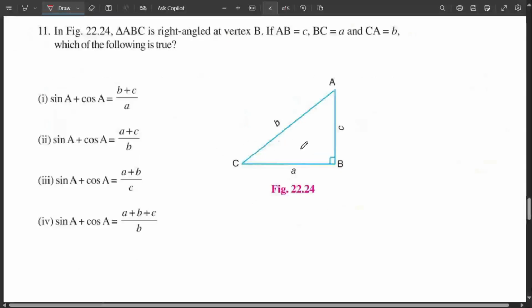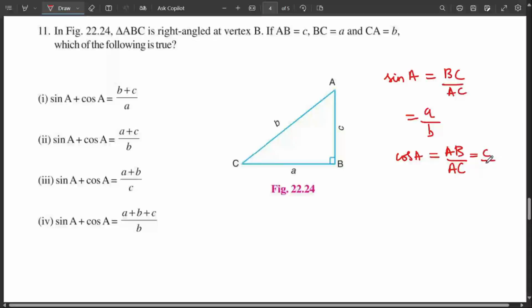So in the last question, we are supposed to find out the value of sin A plus cos A. So sin A is equal to, from the figure, the opposite side BC divided by the hypotenuse AC. So BC is equal to A, AC is equal to B. So cos A is equal to the adjacent side AB divided by the hypotenuse AC.